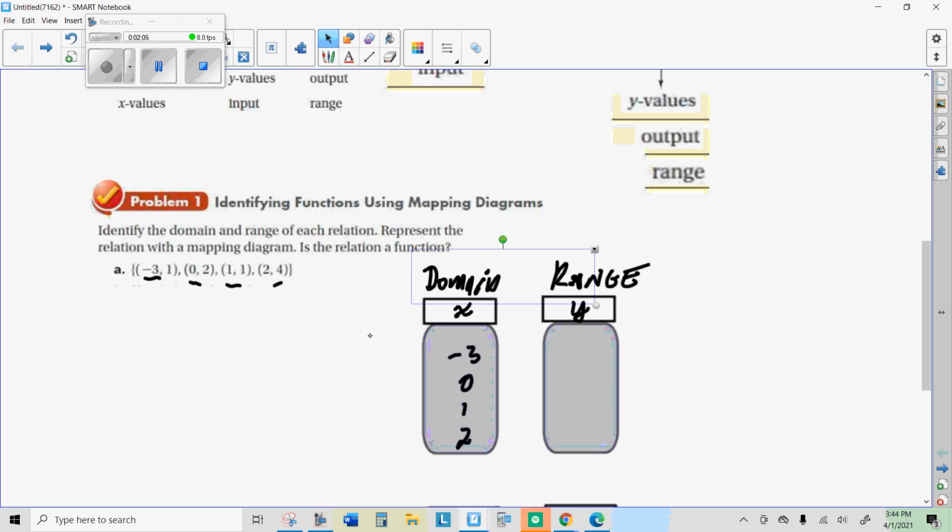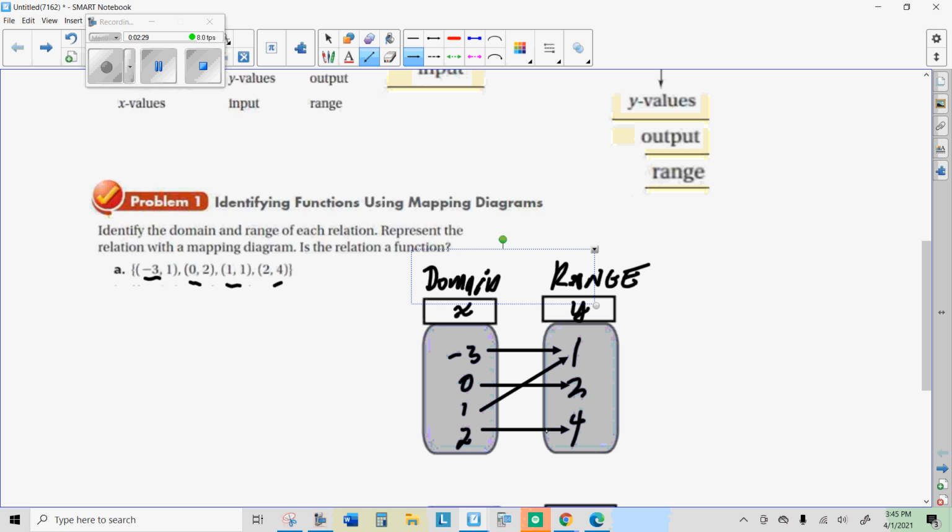My y's are 1, 2, 1, and 4, so 1, 2, and 4. Then I'm going to draw an arrow to map this out, to connect these ordered pairs. So -3 goes to 1, 0 goes to 2, 1 goes to 1, and 2 goes to 4.